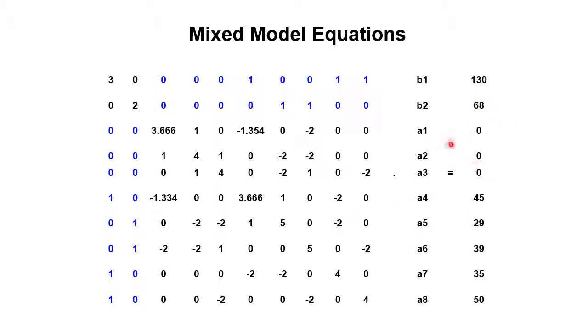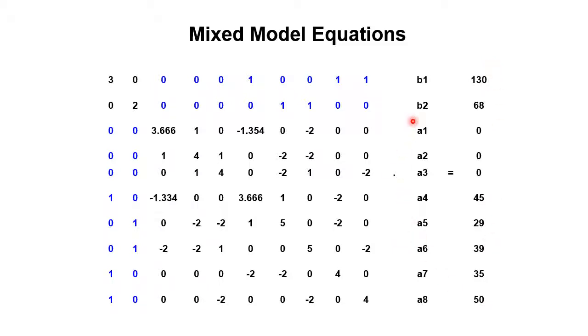The first 3 animals did not have weights, they are only parents, and then for the rest of the animals, each has its own row or element in this column vector. So these are our unknowns. This is our coefficient matrix, and this is the right hand side.